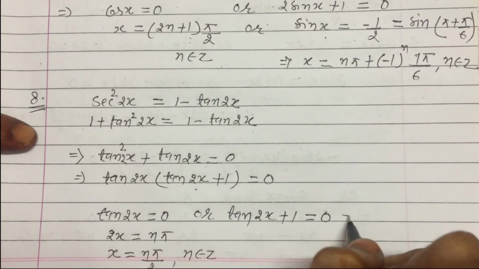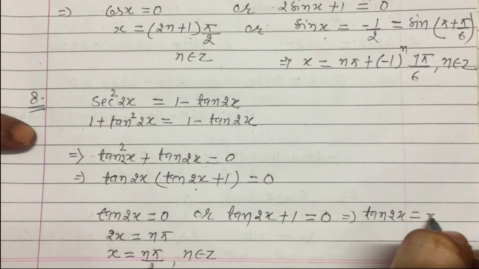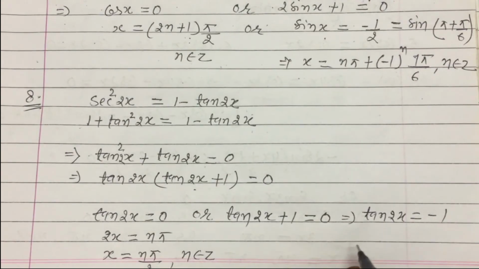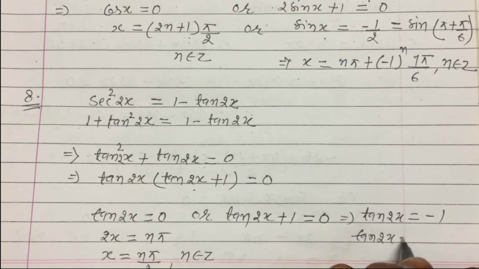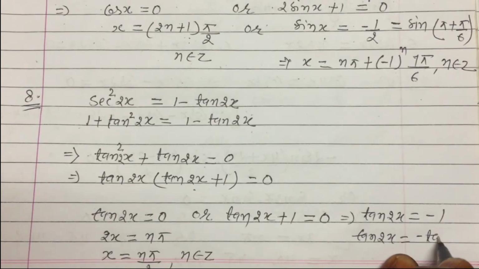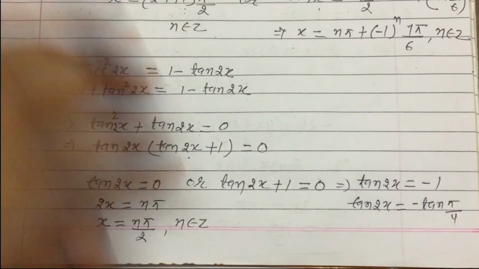And from this second factor you will get tan 2x is equal to minus 1. So it is tan 2x is equal to minus tan pi by 4. Now tan x is negative in second quadrant and fourth quadrant.